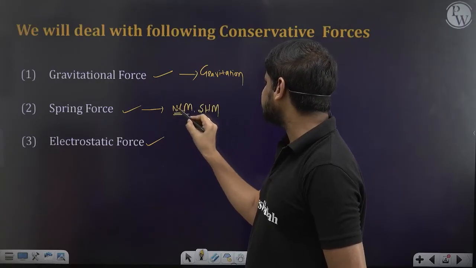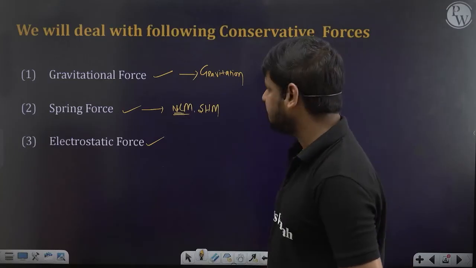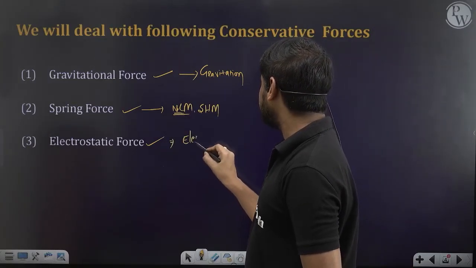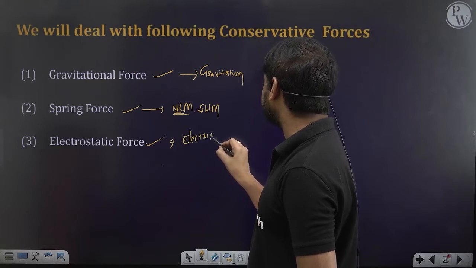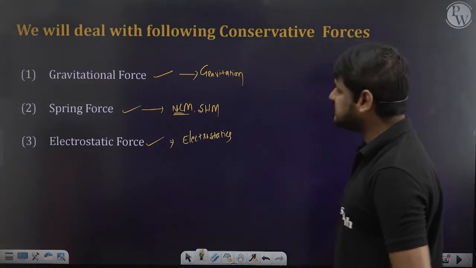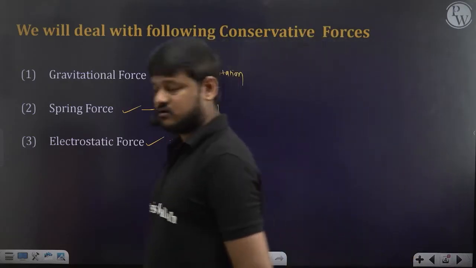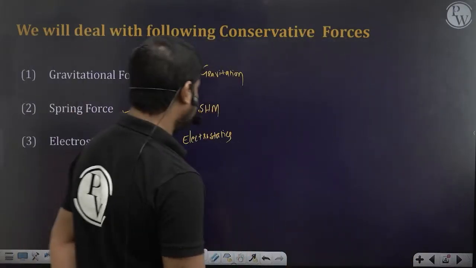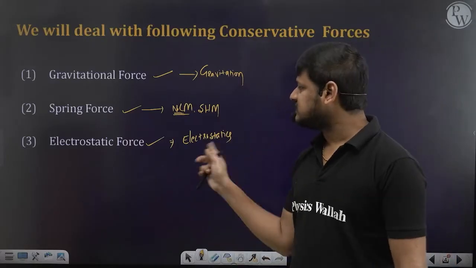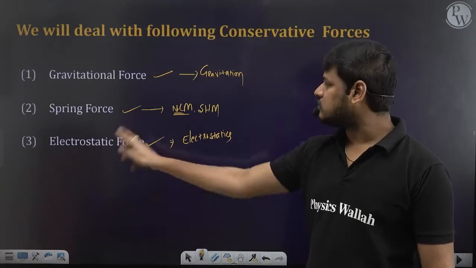And the electrostatic force we'll discuss in class 12th, in the first and second chapters, electric charges and fields, and electrostatic potential and capacitance. These 2 chapters are commonly called electrostatics. There we'll come to know about the electrostatic force.